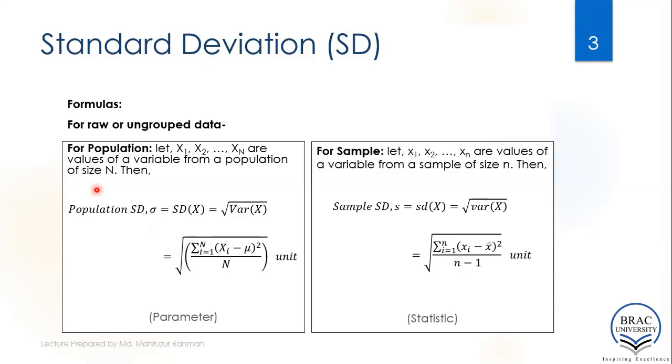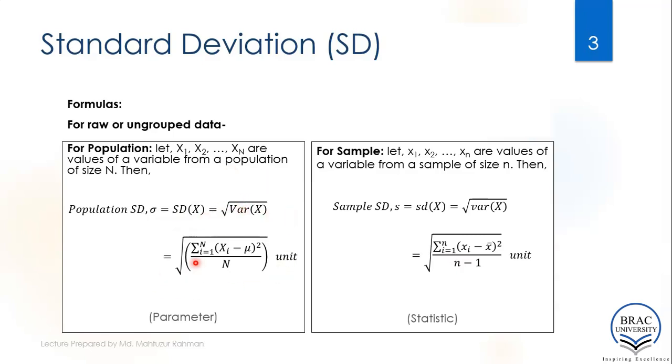As we already discussed the formulas for raw or ungrouped data for variance, standard deviation has a similar setup. There's just a difference in the notation. For population standard deviation, we use sigma instead of sigma squared that we used for variance, and it's denoted as SD of x, which is the square root of the variance of x.